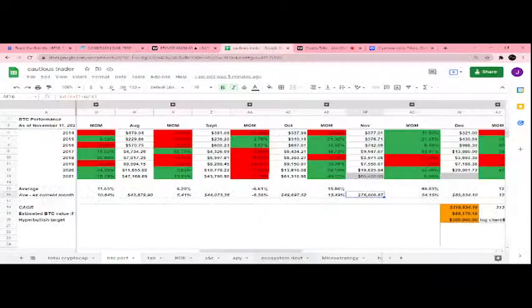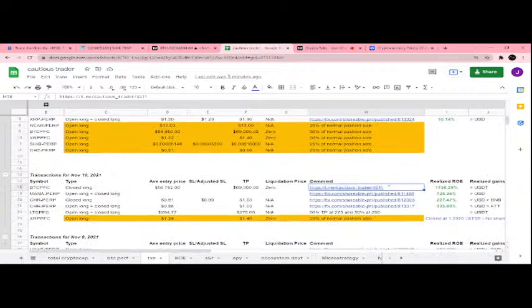So anyways, as for this one, I can actually compute this using the average entry and the TP price. However, it's much better if there is a shareable link to prove that the position had been closed.